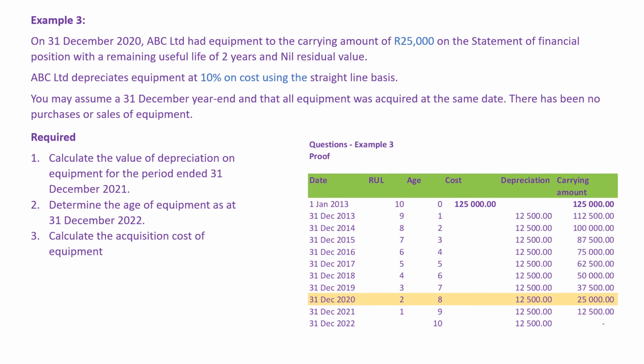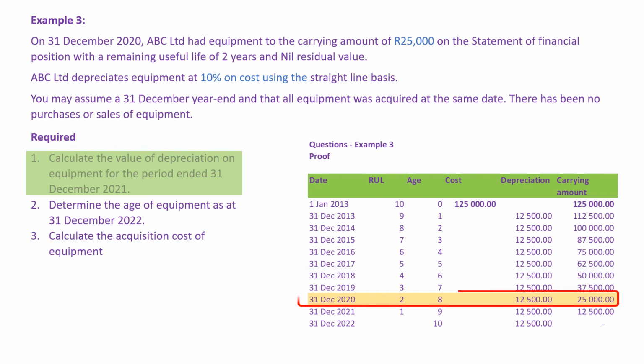As you can see, the question provided data as at 31 December 2020. It told us that our remaining useful life was 2 years, which meant that the age was 8 years, and requirement number 1 asked us to calculate the value of depreciation as at 31 December 2021.